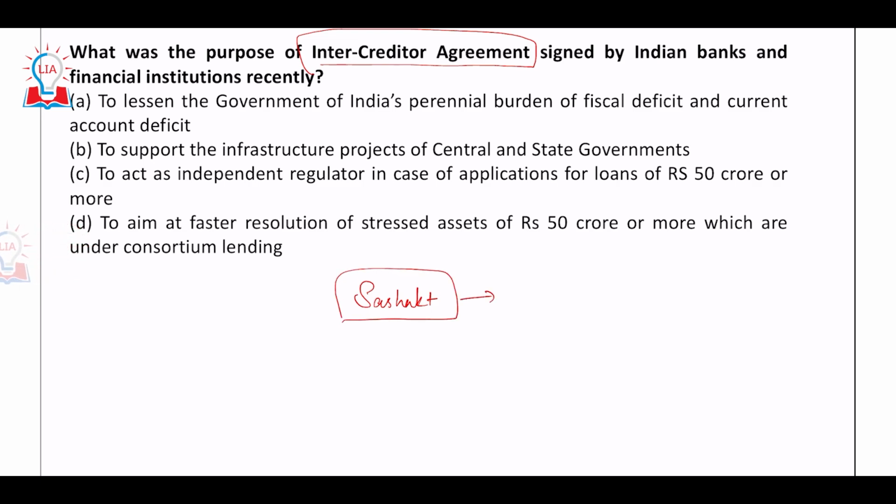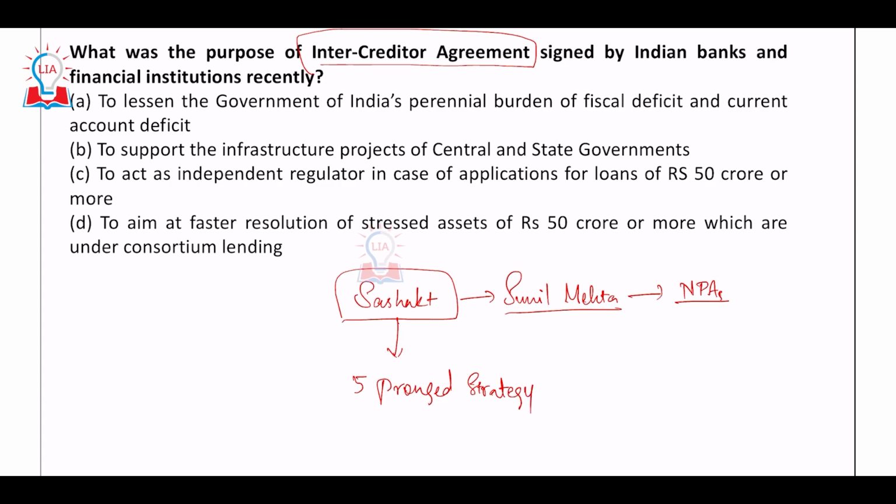Sashakt was a particular plan which was given by Sunil Mehta committee, about dealing with the stressed assets or the NPAs, right? Resolution of NPAs. For that, Sunil Mehta committee had given a plan called Sashakt plan. And this Sashakt plan entailed a 5-pronged strategy.